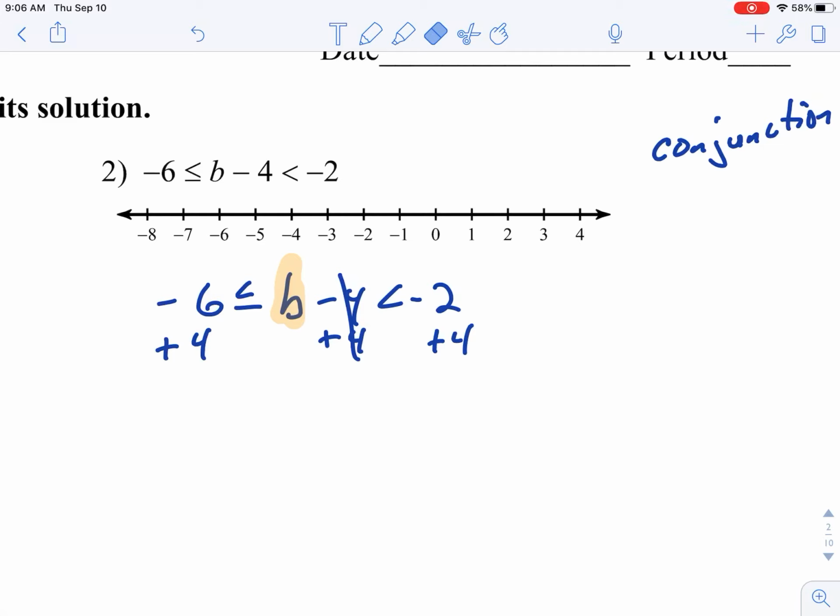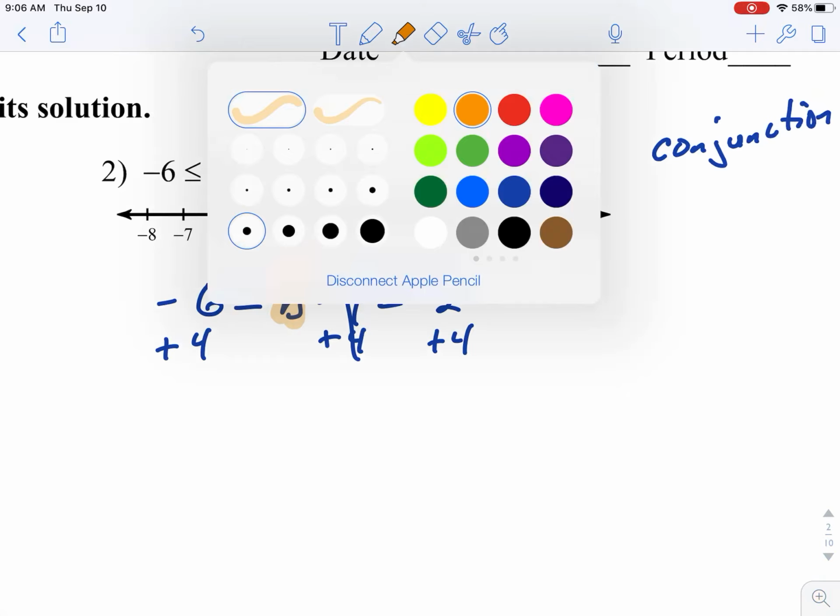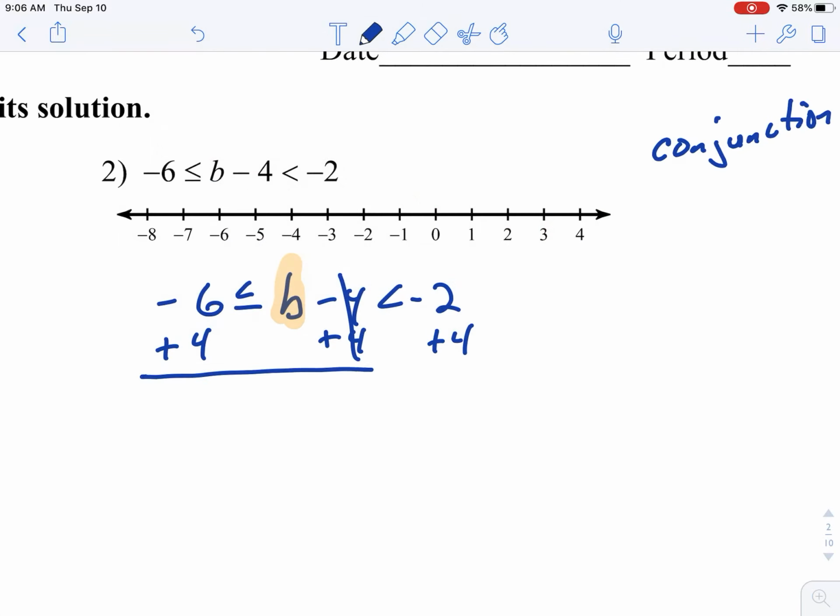There's the left, the right, and the middle. So I add 4 in the middle and the left and the right. This doesn't always work, but most of the time when it's written like this, you can proceed in this way. So you add 4 to the left, right, and the middle, and then proceed in this way, and it just works out to be quicker and easier.